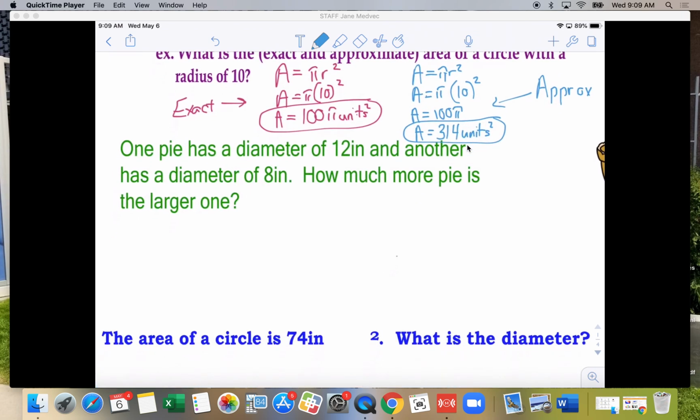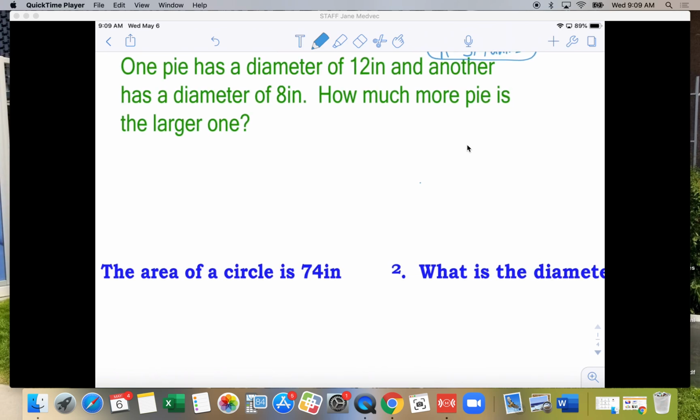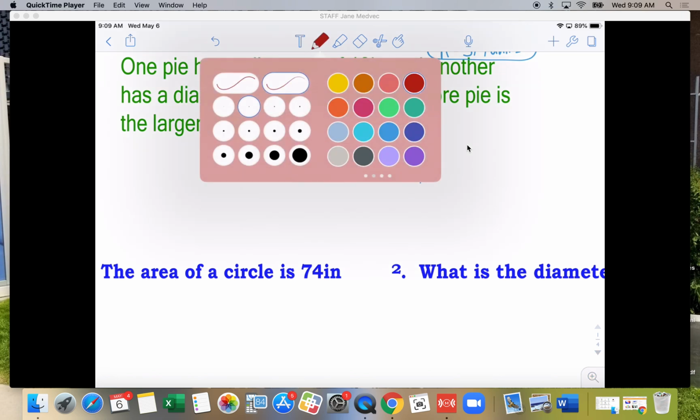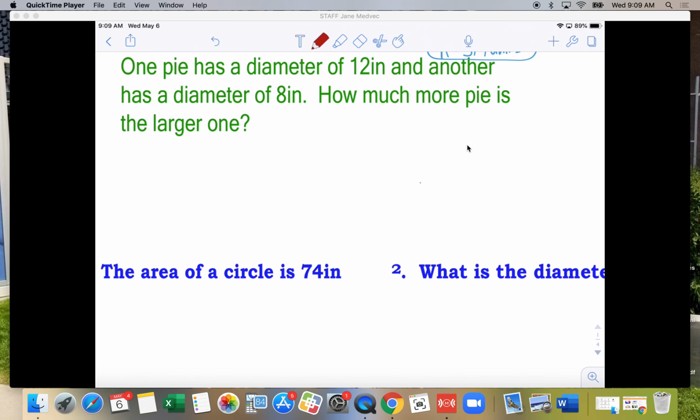Let's keep going. It says a pie has the diameter of 12 inches and another has the diameter of 8 inches, and how much more pie is in the larger one? Let's do the smaller one first, because 8 is smaller than 12. I am finding the area.